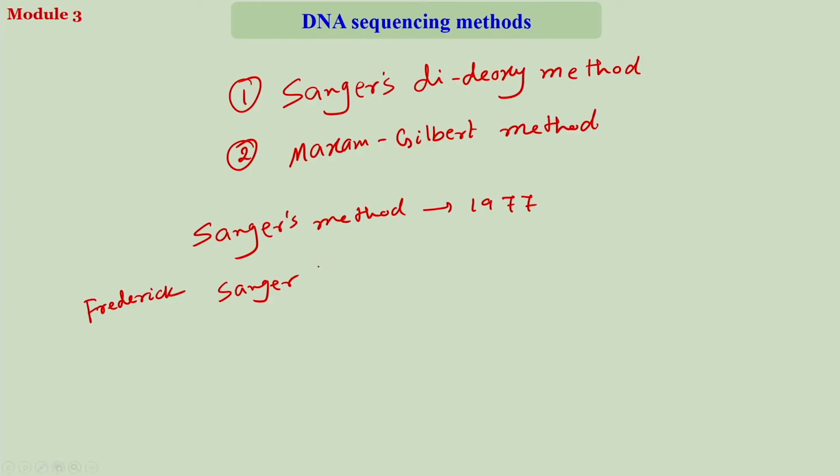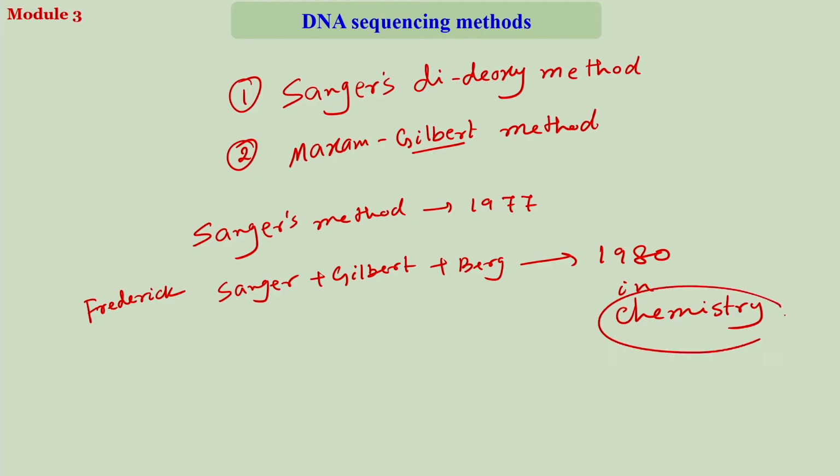Sanger actually received his second Nobel Prize along with Gilbert and I think Berg also in 1980, and again most importantly they received the Nobel Prize in chemistry.